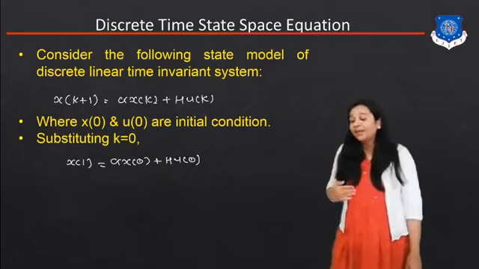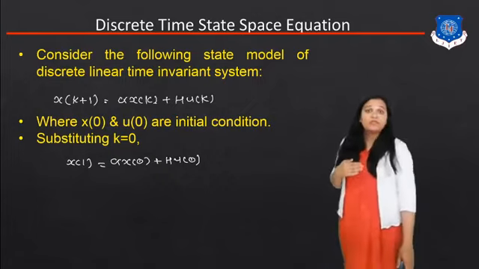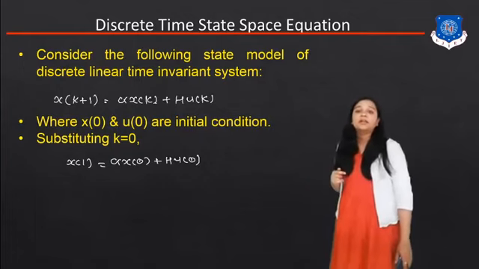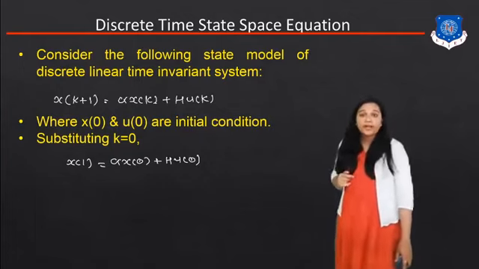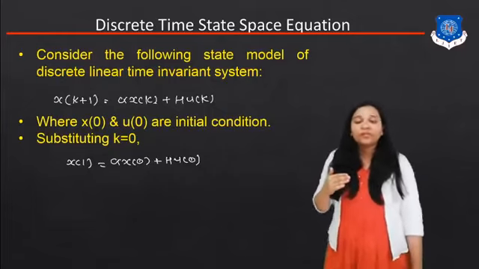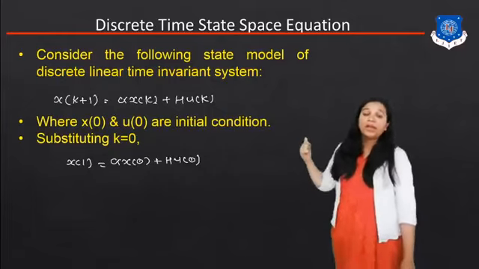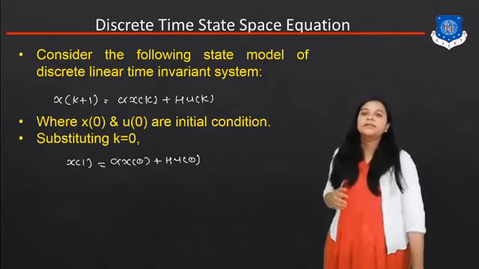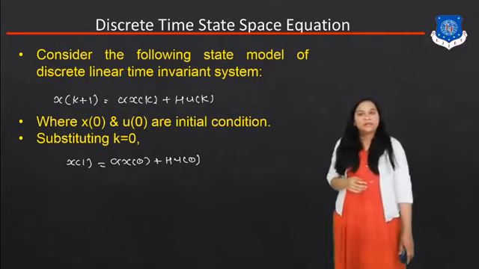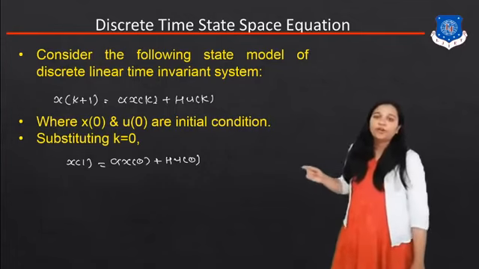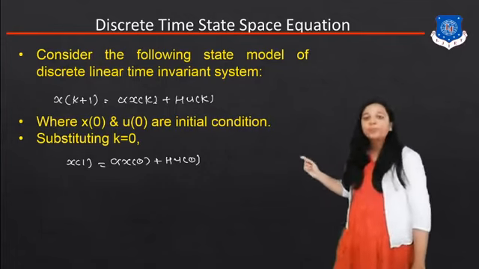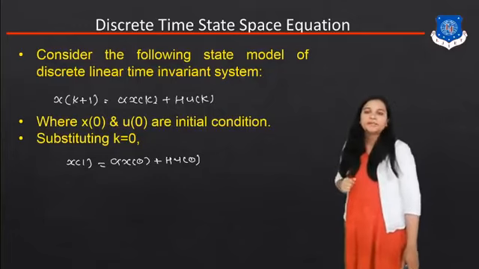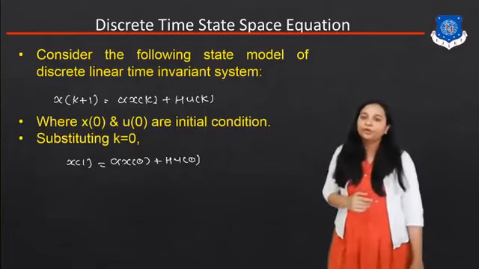We have to find the general solution for this discrete linear time invariant system. For that, we apply different values of k in this equation. First of all, we put k equal to 0, and we get x of 1 equal to G x of 0 plus h u of 0.